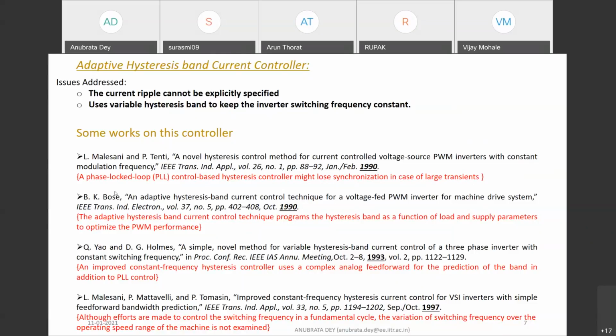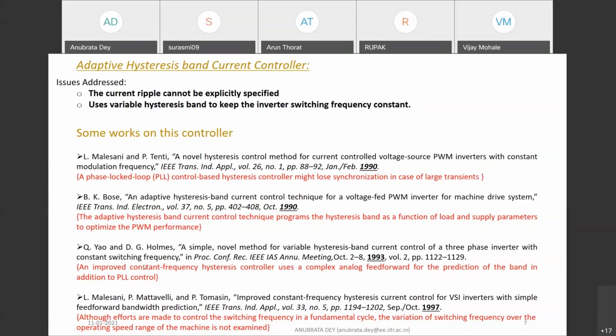Whereas the second paper, by Professor V.K. Bose, is also trying to propose current control methods using adaptive band. But the problem is that it is a function of load and power and supply parameters. So you need to know the supply parameters as accurately as possible, and knowledge of the load is also required, so that you can optimize the PWM performance. So these are the limitations.